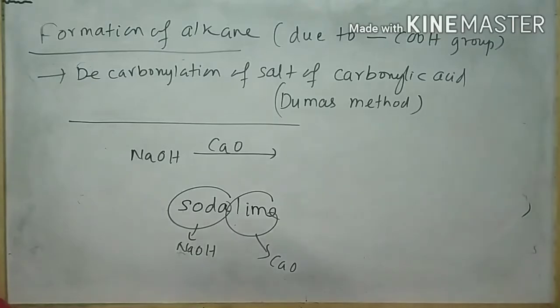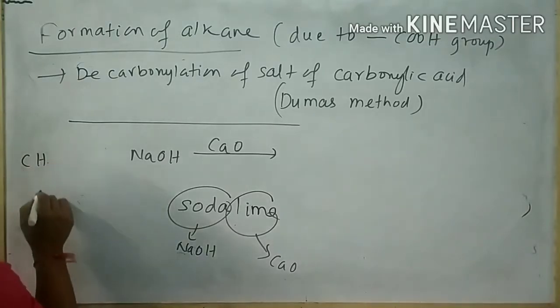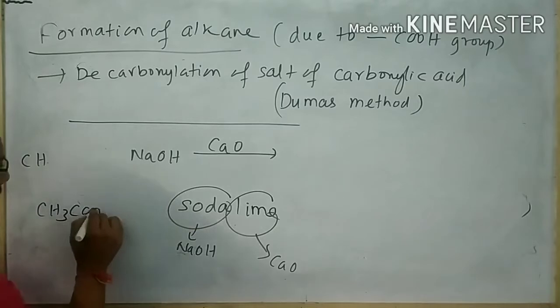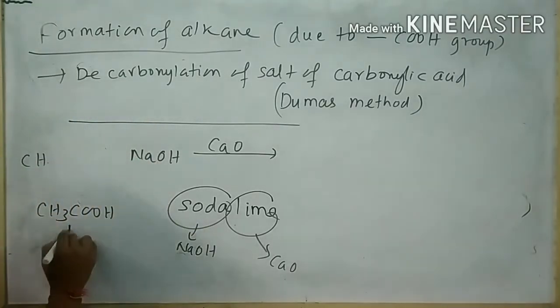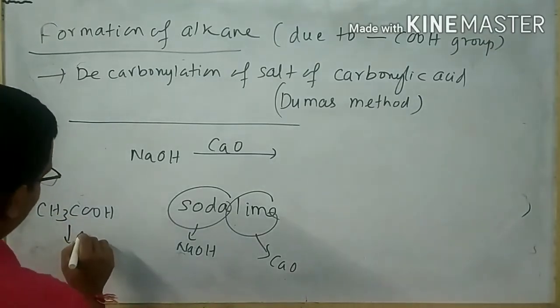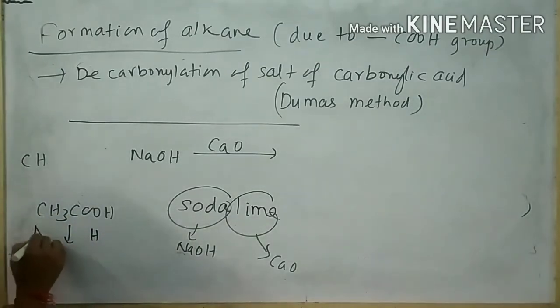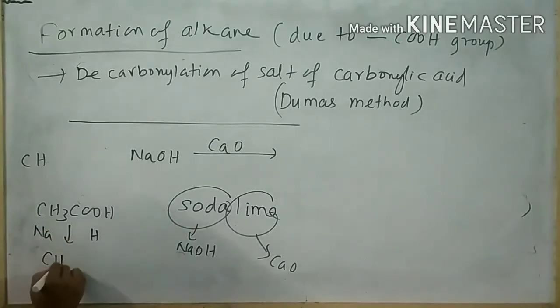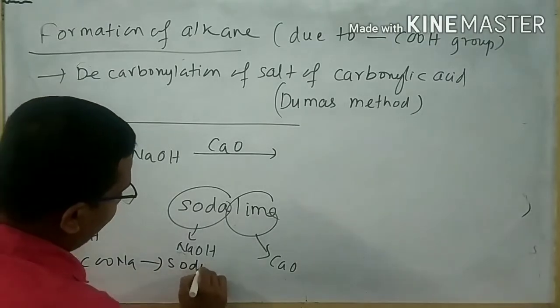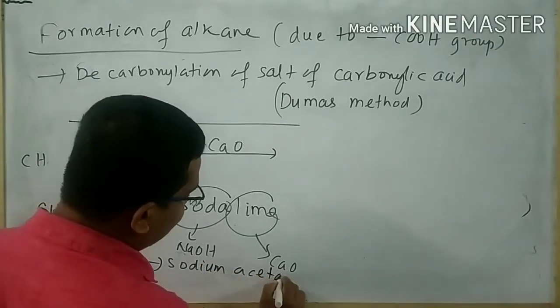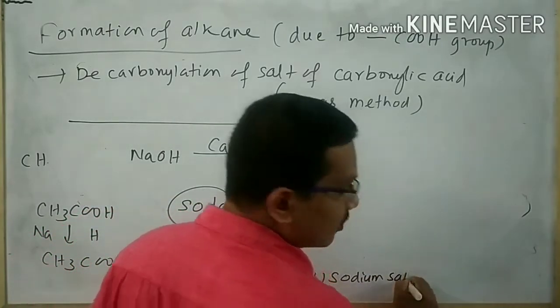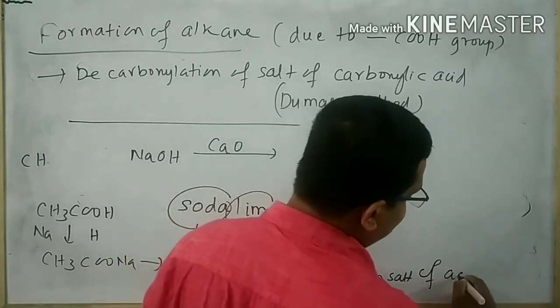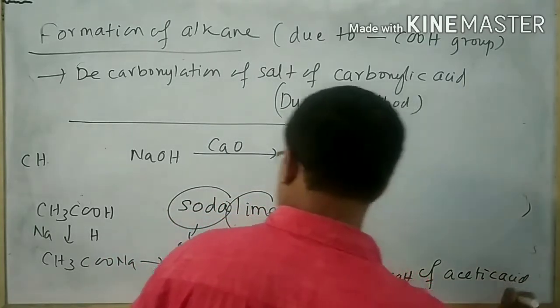Now I will take a carboxylic acid. Suppose I take acetic acid. This is acetic acid, but we need a salt of carboxylic acid. From acetic acid, when I remove the hydrogen atom and add a sodium atom, we get sodium acetate. The name of this compound is sodium acetate, or it is also called the sodium salt of acetic acid.